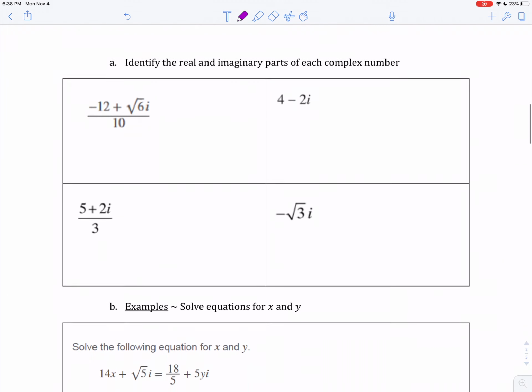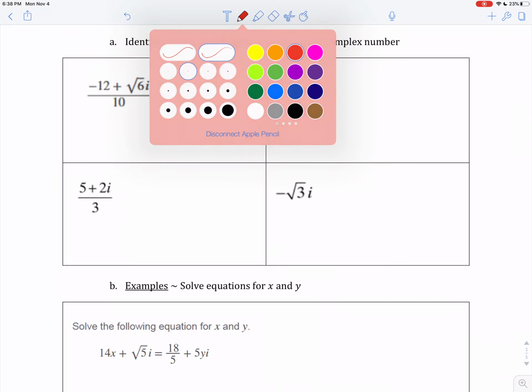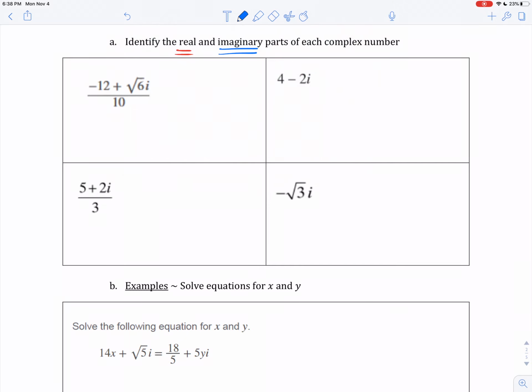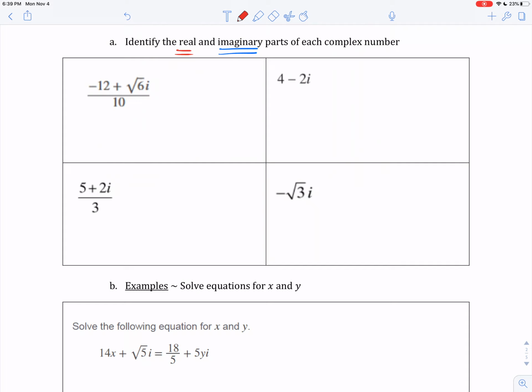So let's first look at some examples of complex numbers and just identify what is the real part and what is the imaginary part. Now, the real part of a complex number is the part that does not contain the imaginary unit.